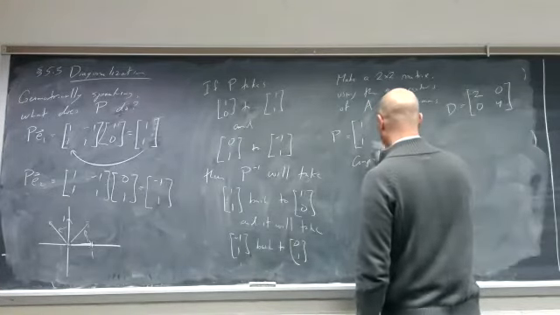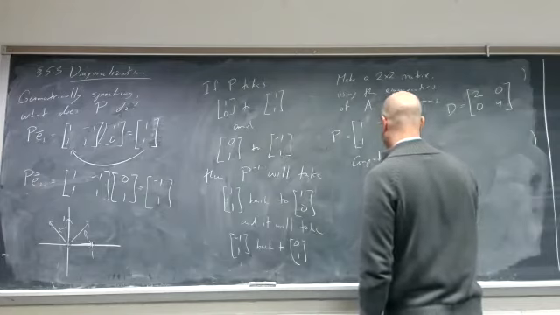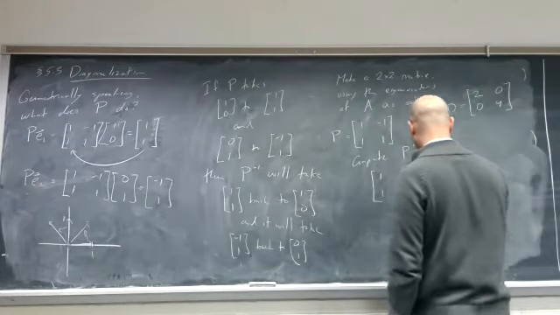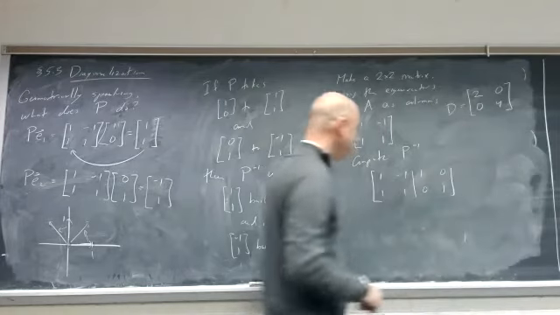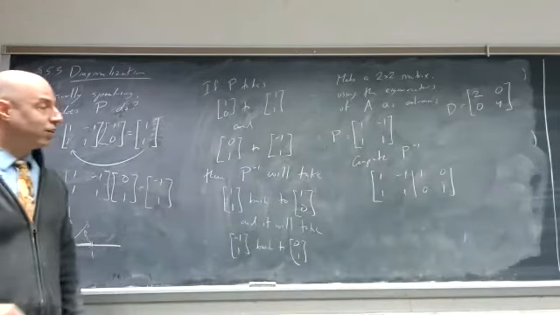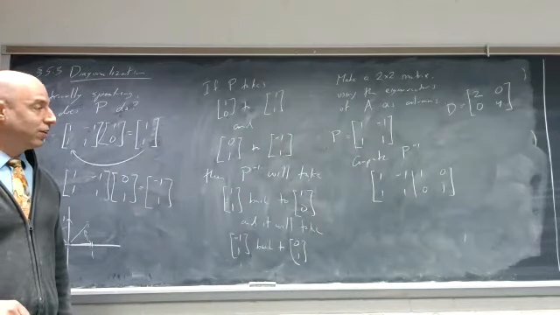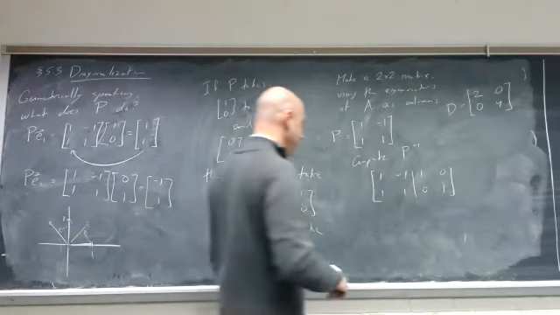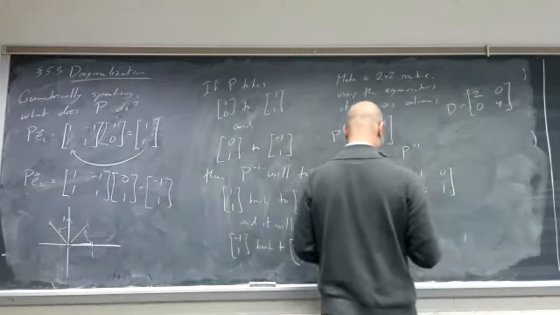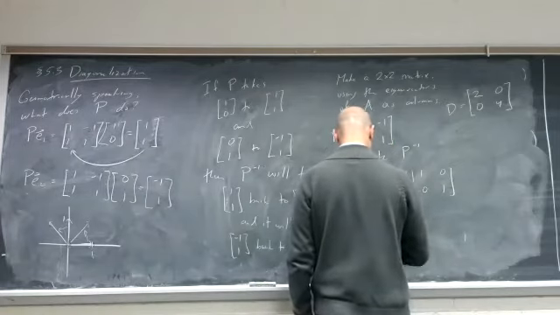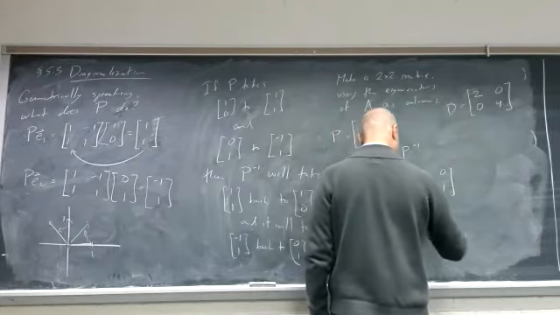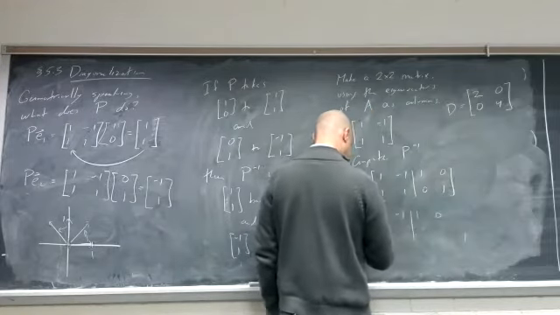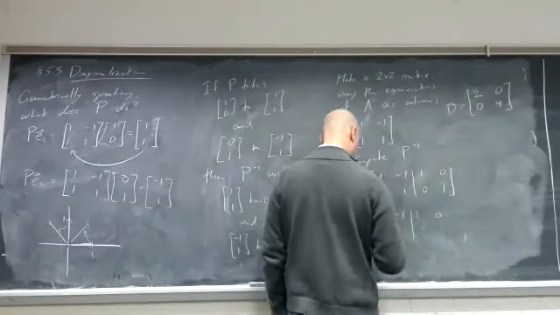we put P down, 1, negative 1, 1, 1, put a vertical bar, 1, 0, 0, 1, and let's row reduce. So I'll row reduce. You don't have to wait for me. I'll take row 2, subtract off row 1.